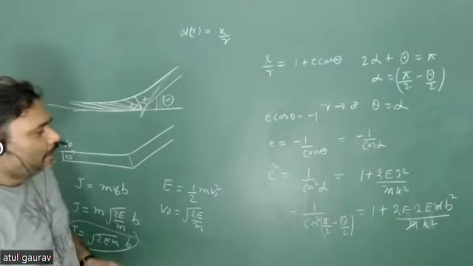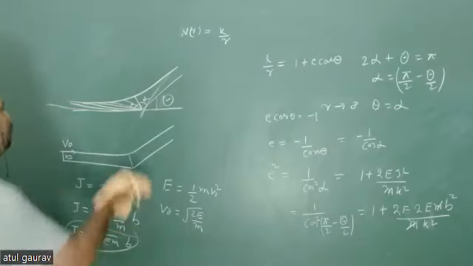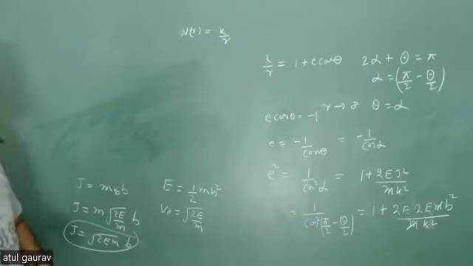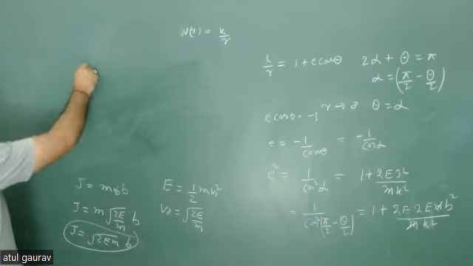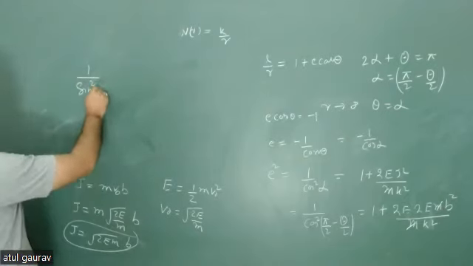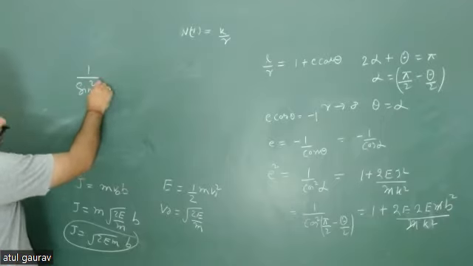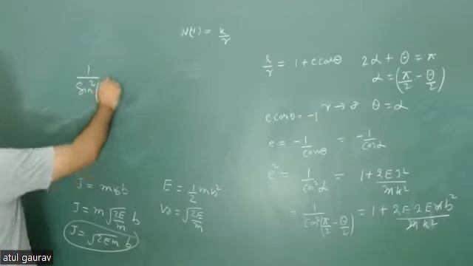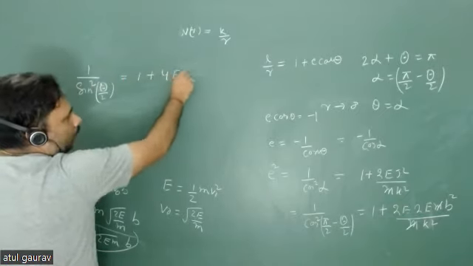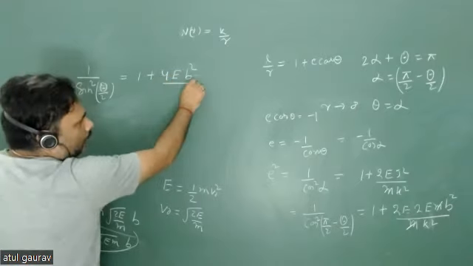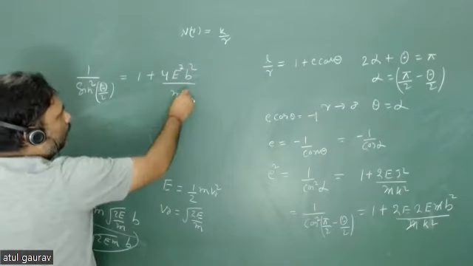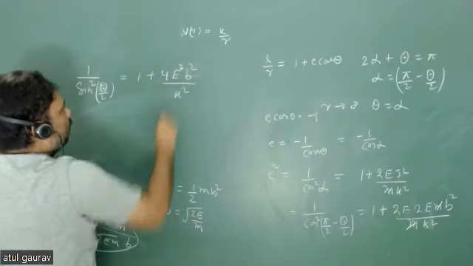किसके किसके बीच का रिलेशनशिप मिल गया? b और थीटा के बीच का रिलेशनशिप, isn't it? Yes, मिल गया. You have relationship 1 upon sine square theta by 2 is equal to 1 plus 4E b square upon, और E square भी होगा ना, 4E square upon k square, isn't it?